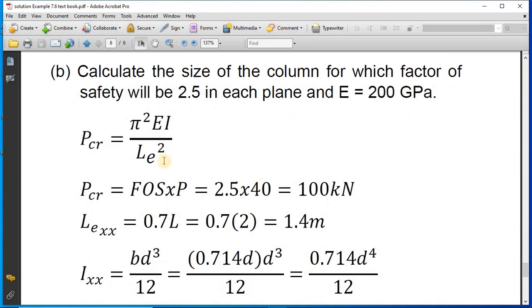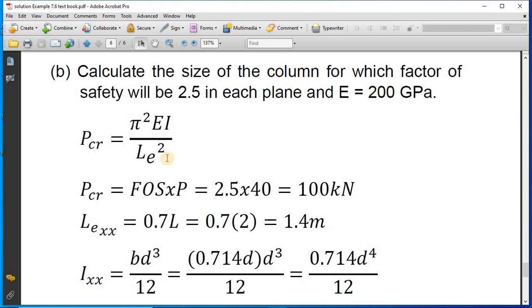We know that the critical buckling load equation is given by this equation: pi squared EI over LE squared. You can solve this problem based on the x-x axis or the y-y axis, in other words, based on the XZ plane or the YZ plane.